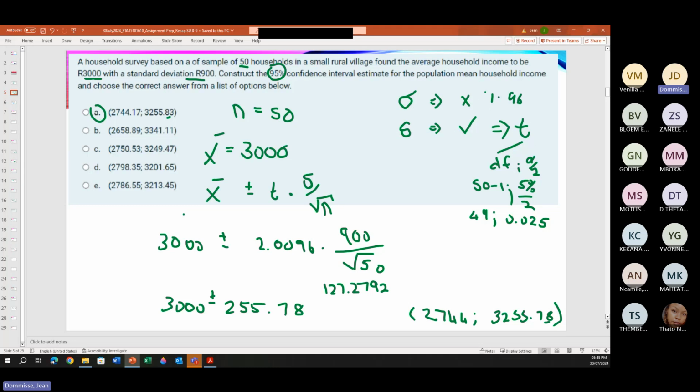So if you said 1.96 instead of 2.0096, let's just see if there was an answer as well.